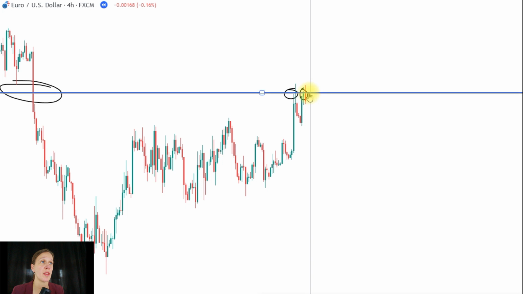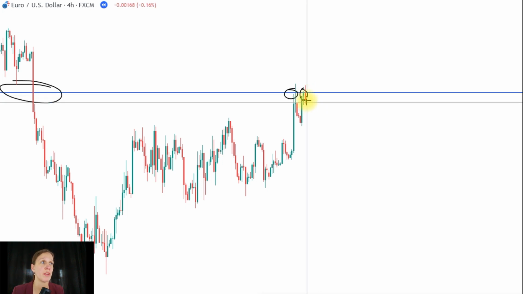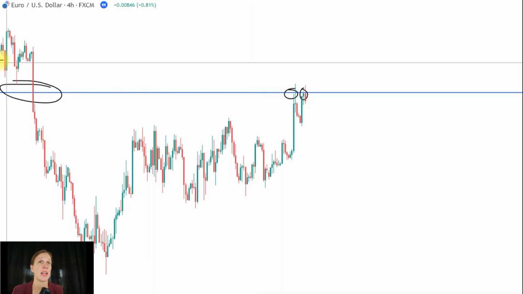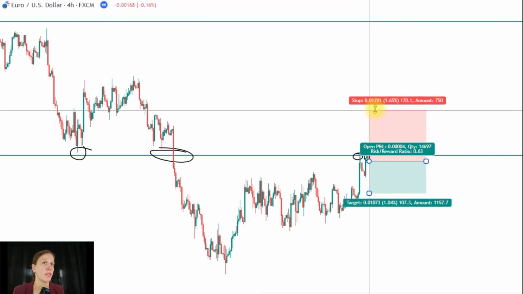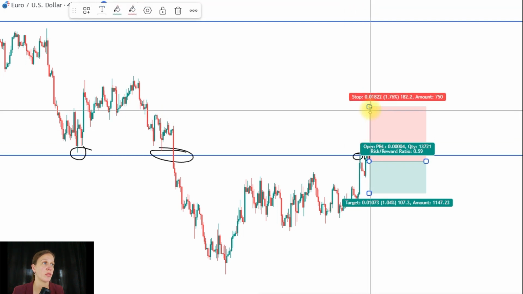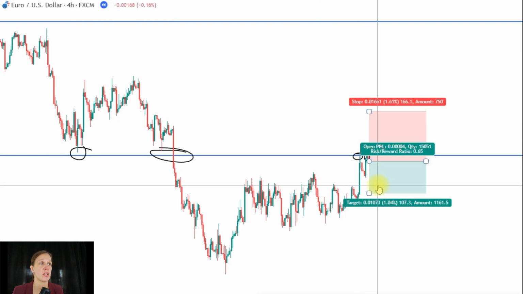And after the market bounces off the second time, building a bearish engulfing candlestick pattern here again, this is a possible entry for us short. Of course, we place our stop loss far enough away that we don't get knocked out too early if the market just spikes through.